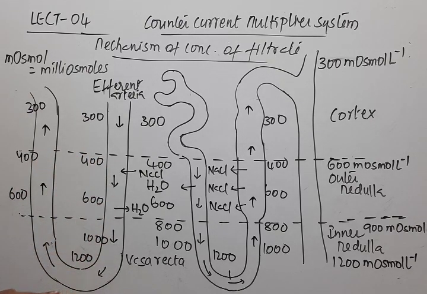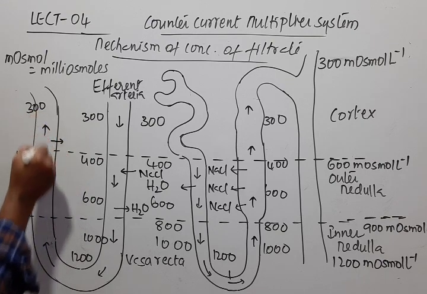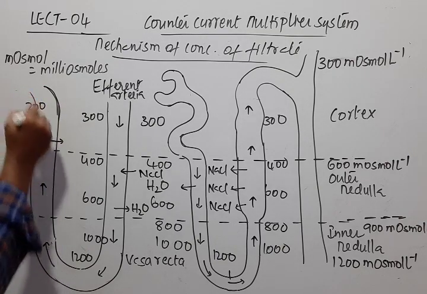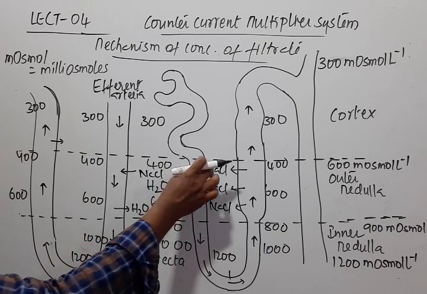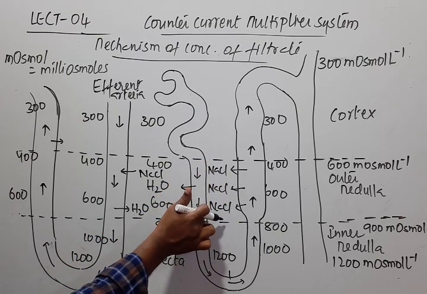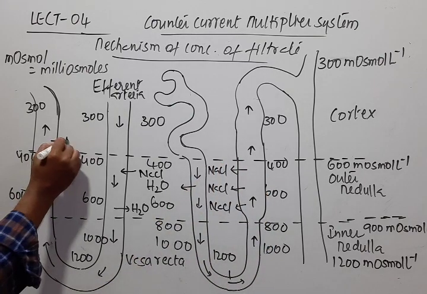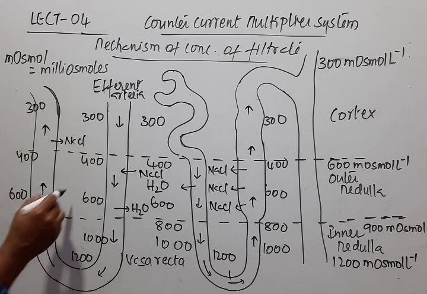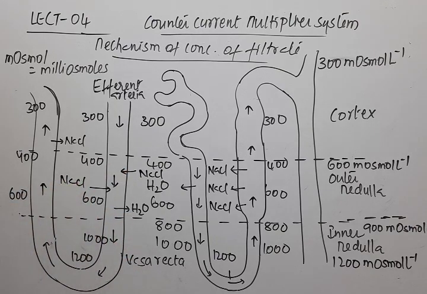So some portion of NaCl will also come out from the ascending limb of the vasa recta. So this is the ascending limb of the vasa recta, and this is the descending limb of the vasa recta here, and this is the descending limb of loop of Henle, and this is the ascending limb of loop of Henle. So here you will see some portion of sodium chloride coming out, and that may again enter into the descending limb of the vasa recta, right?